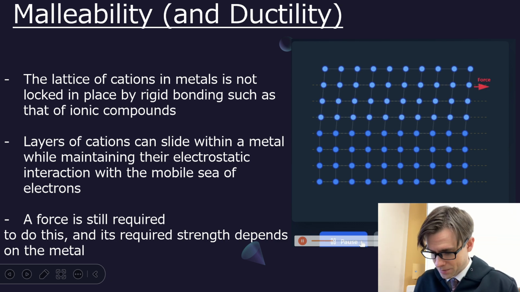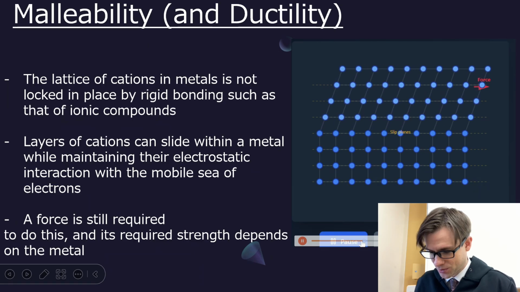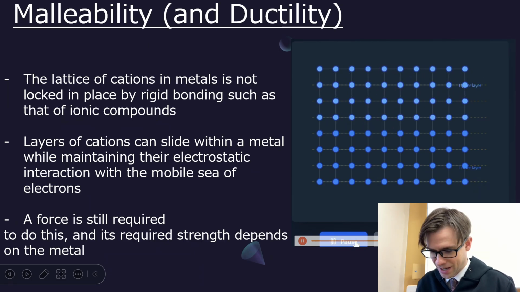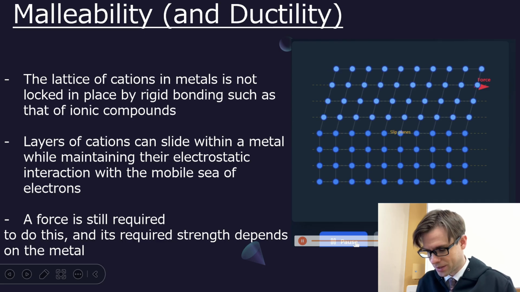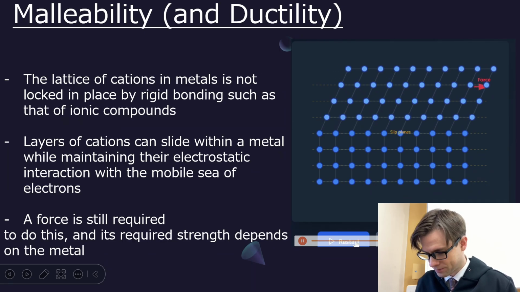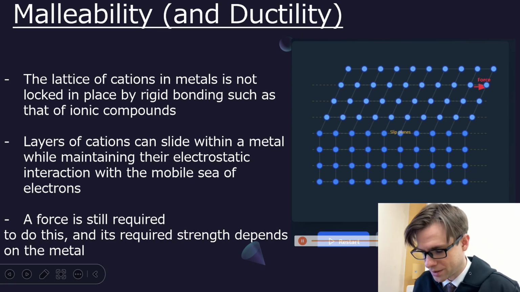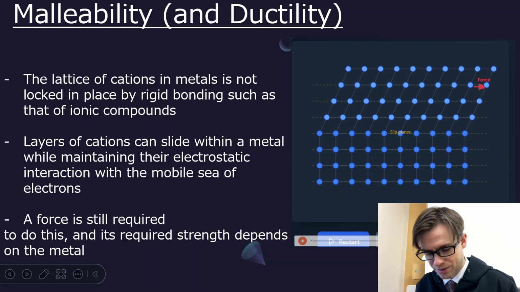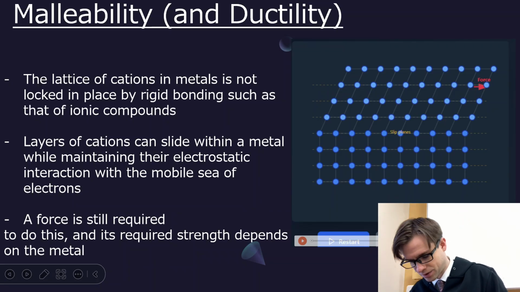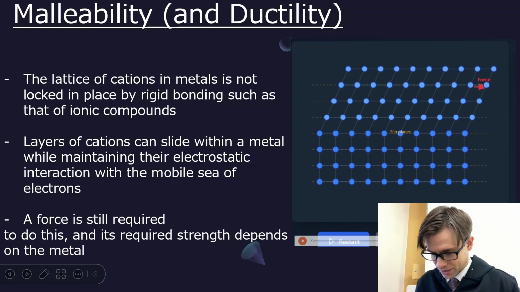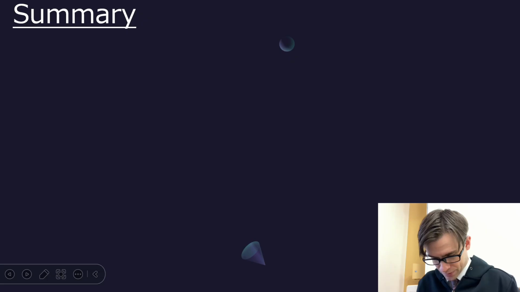But this is something that can happen in metals for sure, and we could even have actual cutting of these little thin lines I have between, and they can reform. It's flexible due to the flexible nature of the delocalized, mobile sea of electrons. So they tend not to break or crack or flake or powder as ionic or covalent compounds would.